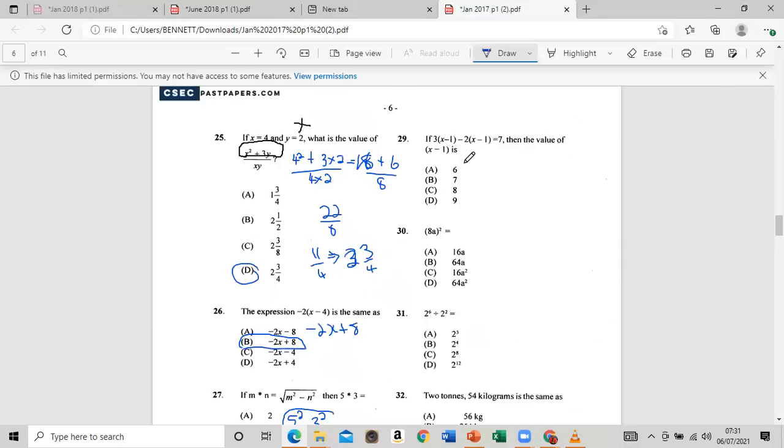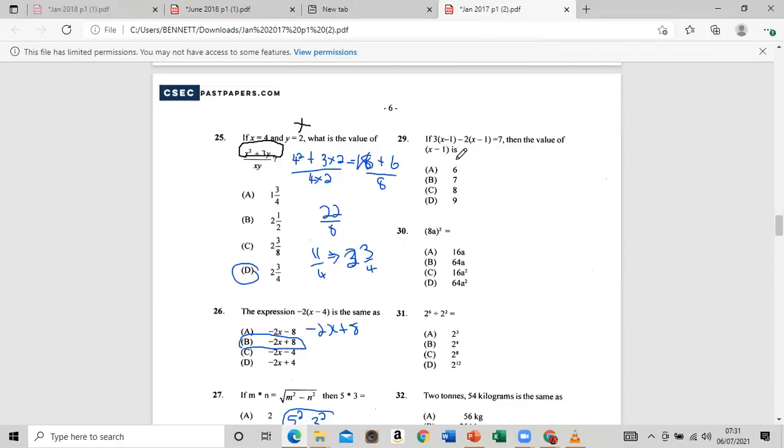All right, if 3 bracket x minus 1 bracket minus 2 bracket x minus 1 bracket is equal to 7, then the value of x minus 1 is... so I can find out what x is first. 3 times x gives us 3x. We'll expand the bracket first. 3 times 1, that's negative 3. Negative 2 times x, that's minus 2x.